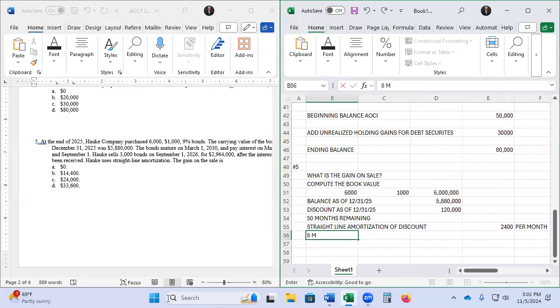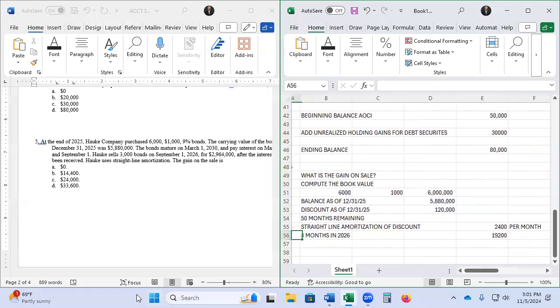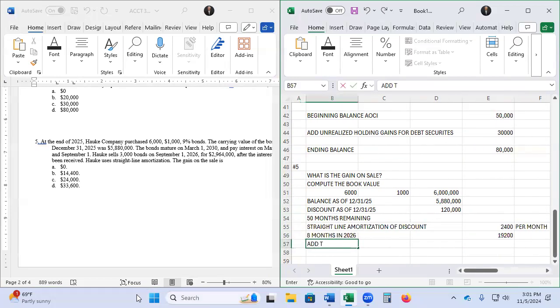We have 8 months in 2026. So we multiply that by 8 and we get 19,200. So we add the discount amortization to the balance.